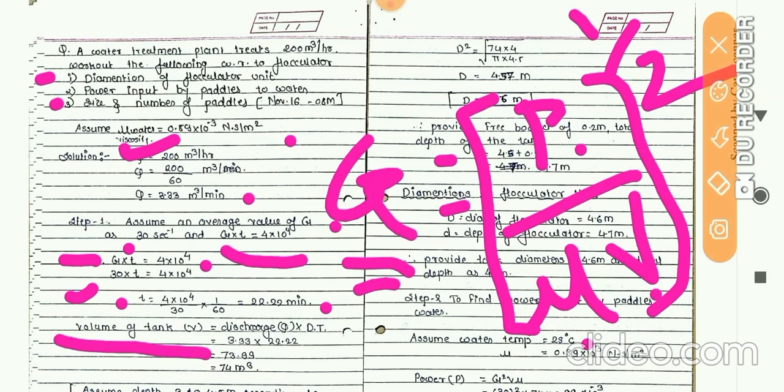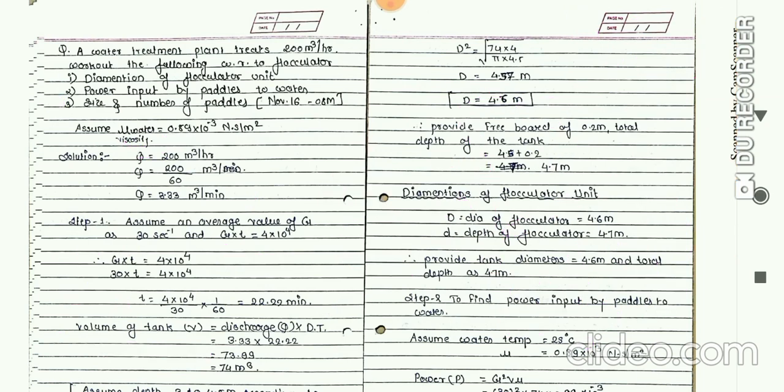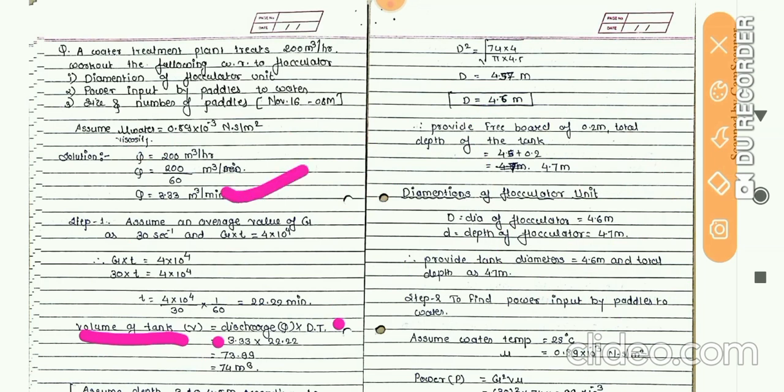So volume of tank is equal to discharge into detention time. Discharge is 3.33 m³ per minute, as we have calculated, and 22 minutes is the detention time. It becomes 73.99.